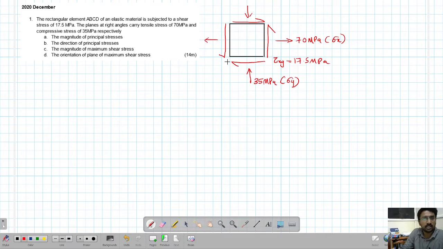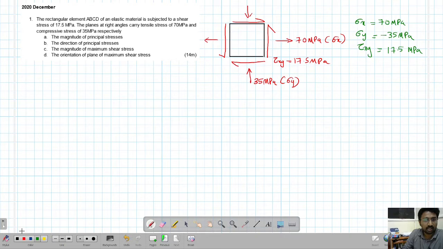So we have sigma x as 70 MPa, plus because it is tensile. Sigma y will be negative, minus 35 MPa, as it is compressive, and shear will be 17.5 MPa.